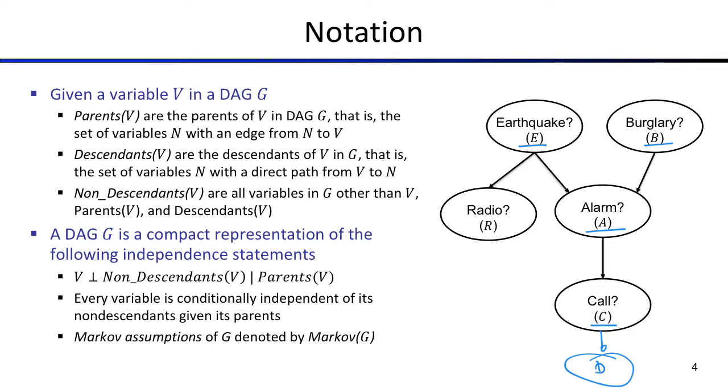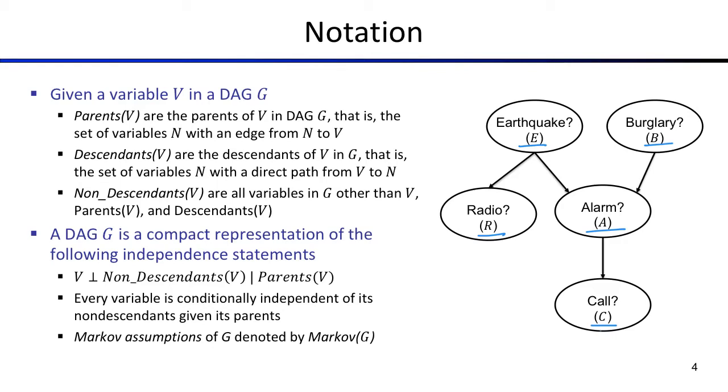And we have the non-descendants. In the case of A, the only non-descendant is R. So the non-descendants are the nodes that are not parents or descendants. So parents are E and B, descendant is C, and non-descendant is R. So a graph like this one is representing a series of independence statements.